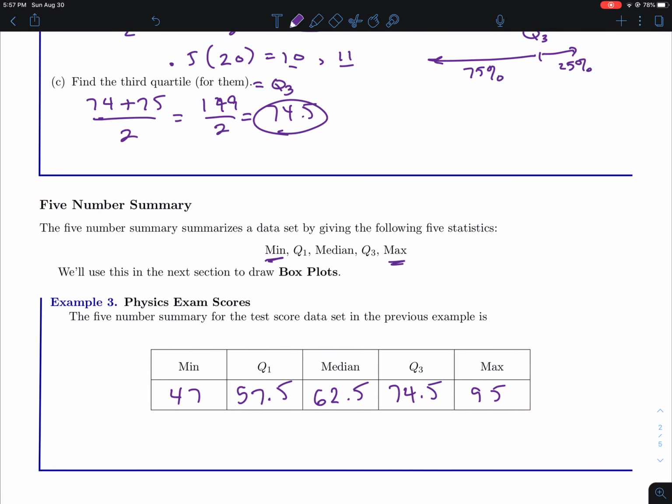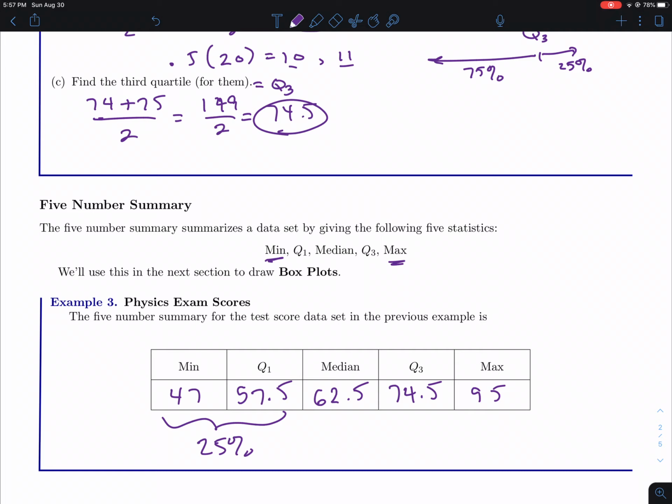So again, what we're trying to do with these is get an idea of what the data actually looks like, with numbers. In this case, I can tell that there were no test scores below 47. There weren't any test scores above 95. And I also know that 25% of the data was between 47 and 57.5.